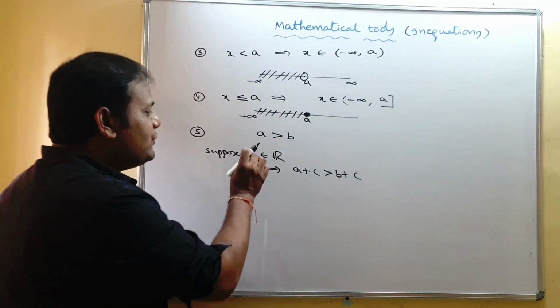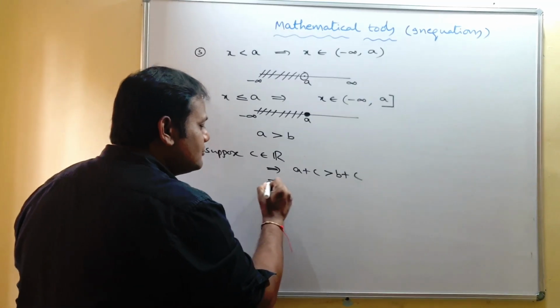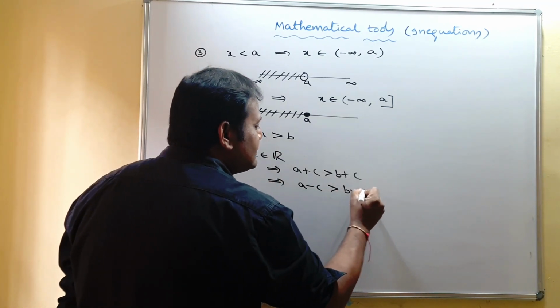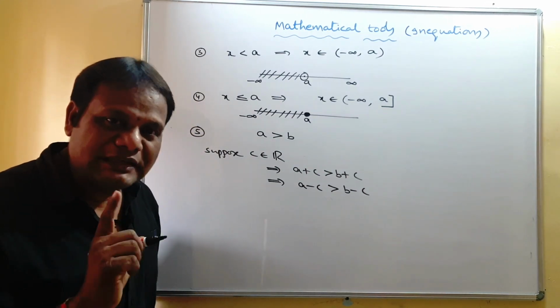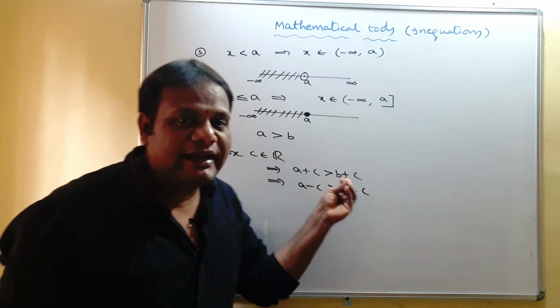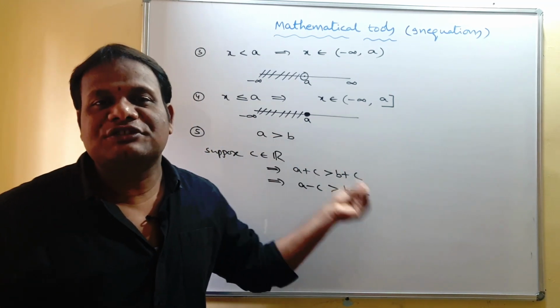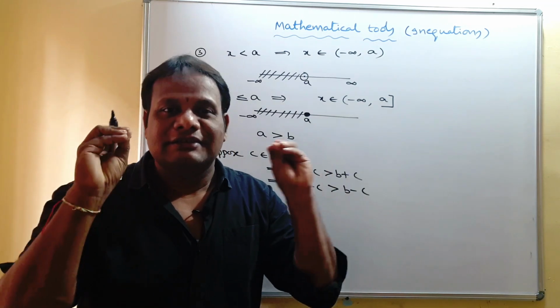Or if you subtract c on both sides, then also no change in inequation sign. That is, a minus c greater than b minus c. You must remember that by adding or subtracting any real number on both sides, inequation sign remains same.